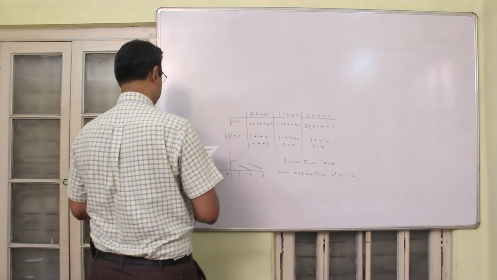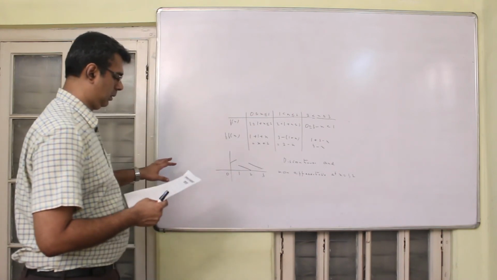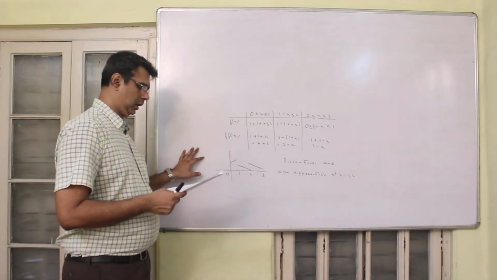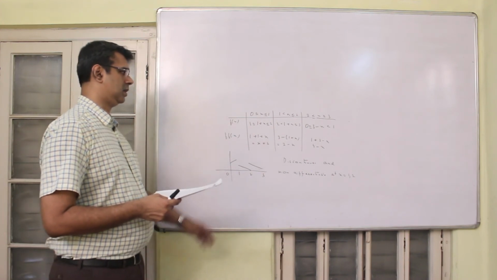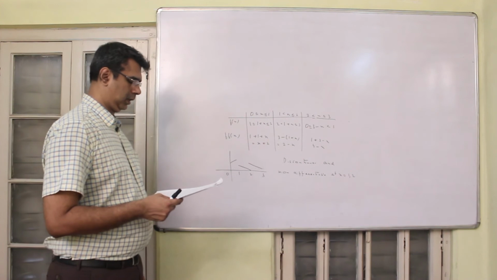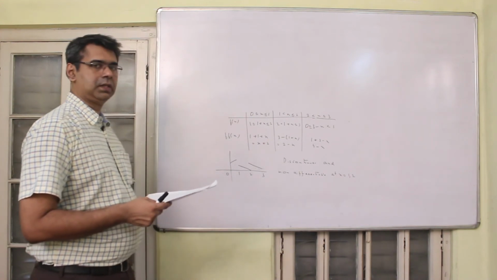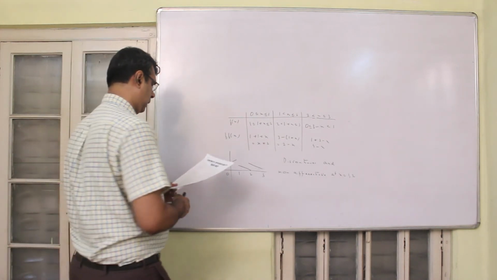The other thing is you have to remember in this particular chapter that if a function is differentiable, it is necessarily continuous, but if a function is continuous, it may or may not be differentiable.